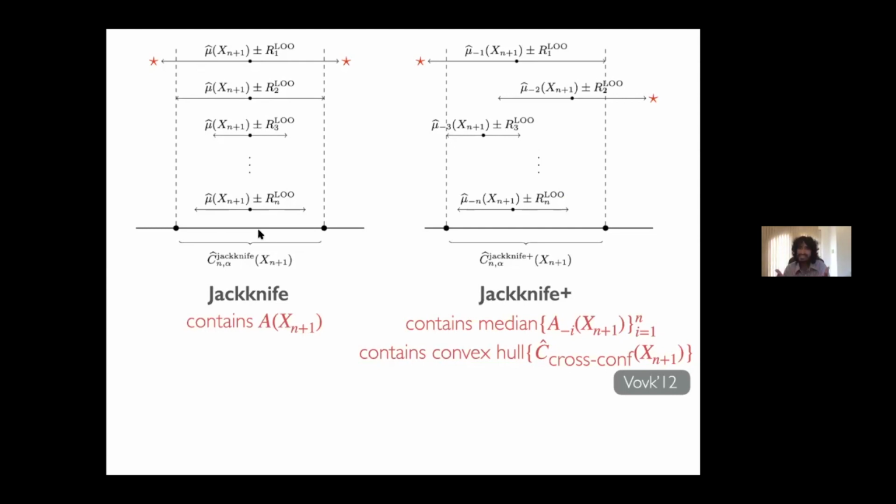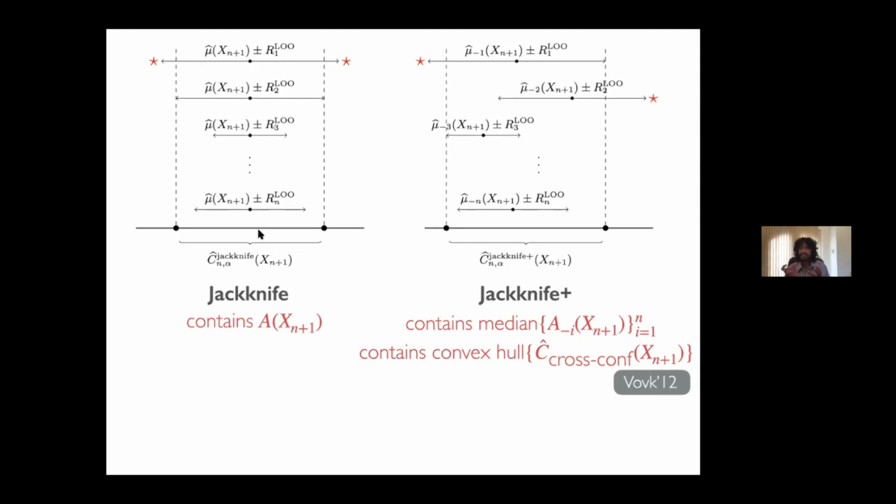But what we can say is that it contains the median of A minus i of xn plus 1. These n points, it'll contain their median. So that's for sure. Again, this is related to something called cross-conformal prediction by Vovk.